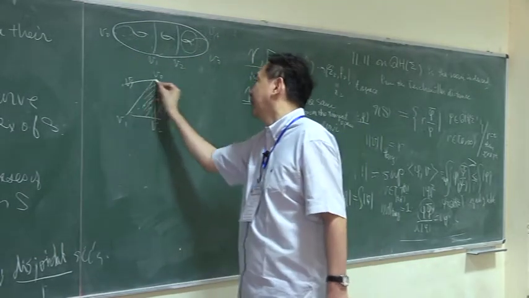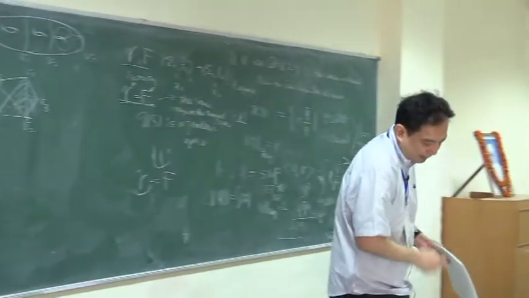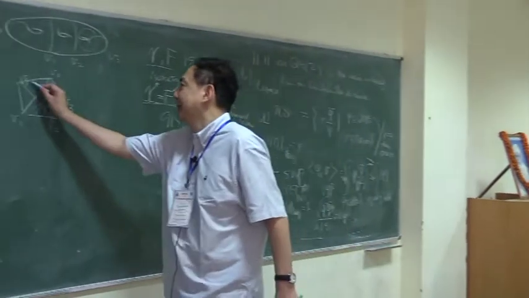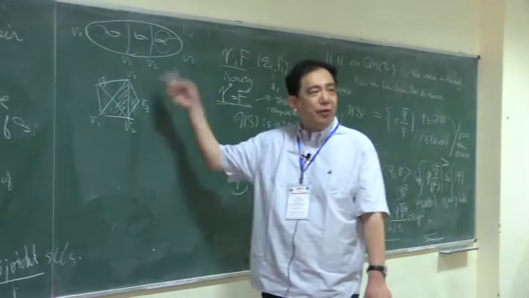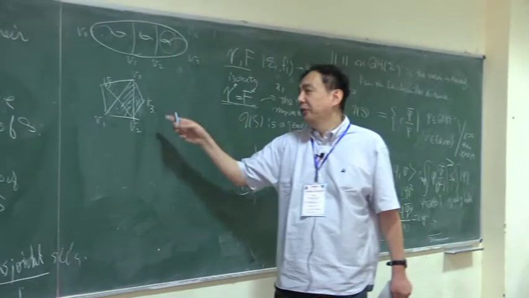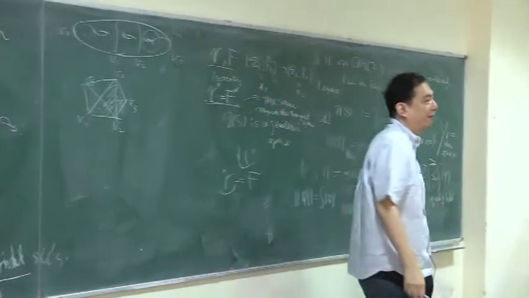So you have another 3-simplex, the tetrahedron spanned by these 4. But there's no 4-simplex spanned by these 5 vertices.